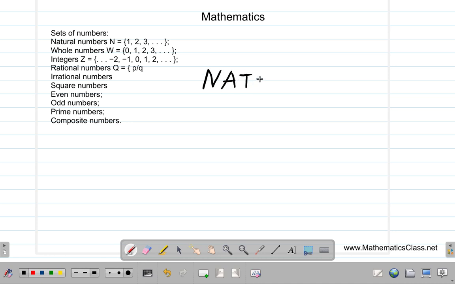natural numbers. When you talk about natural numbers, when you count natural objects, you do not point to the first one and say 0. You point to the first one and say 1.